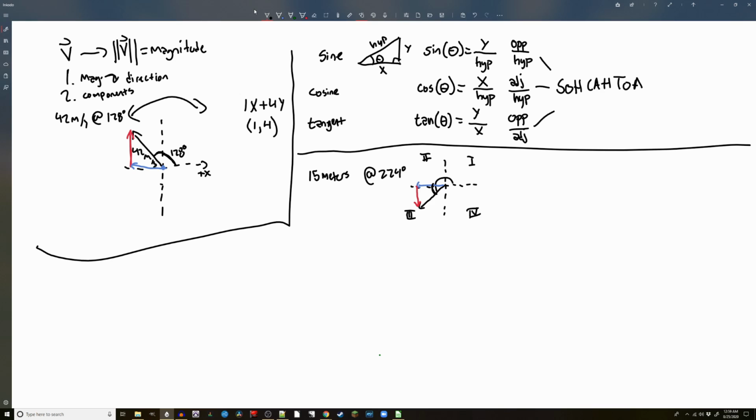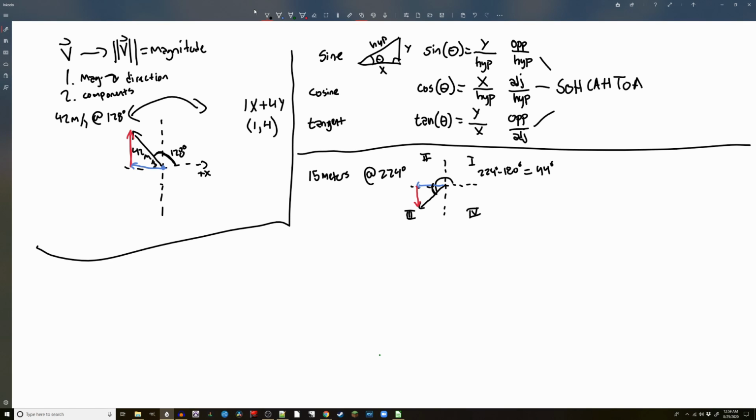So if we do 224, the entire big one, minus 180, we should get just this left over. 224 degrees minus 180 degrees is going to be, what is that, 44 degrees? Yes, 44 degrees, which is pretty close to 45, so I actually drew it pretty darn close to what it ought to look like.